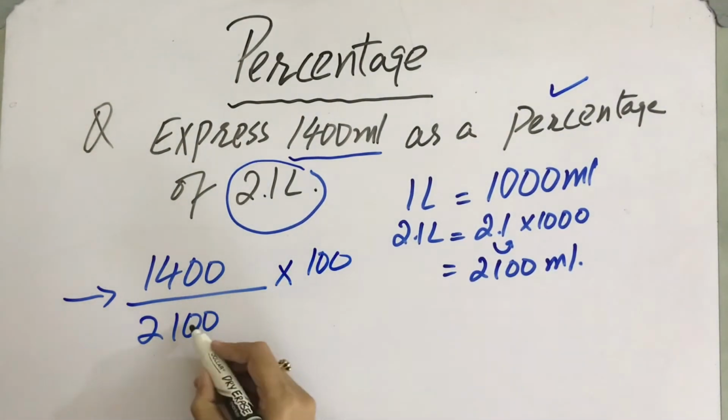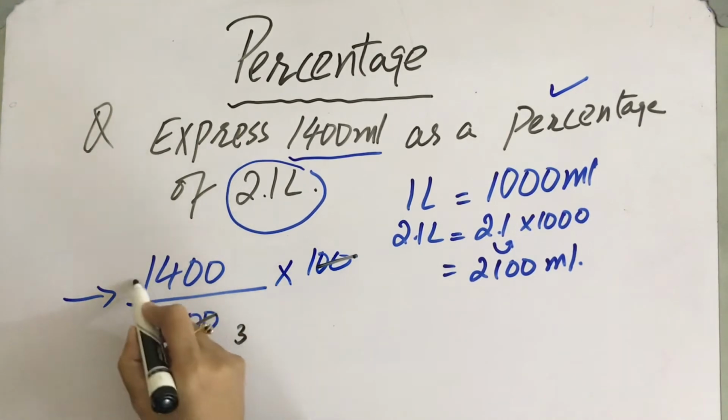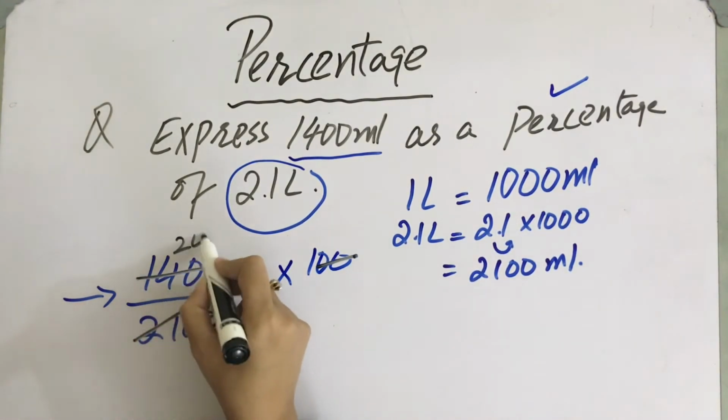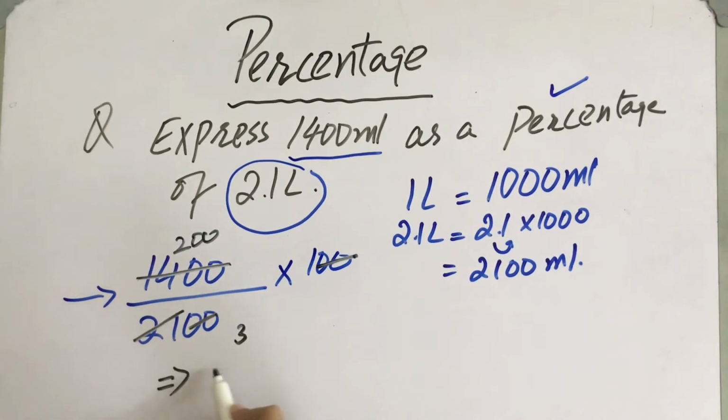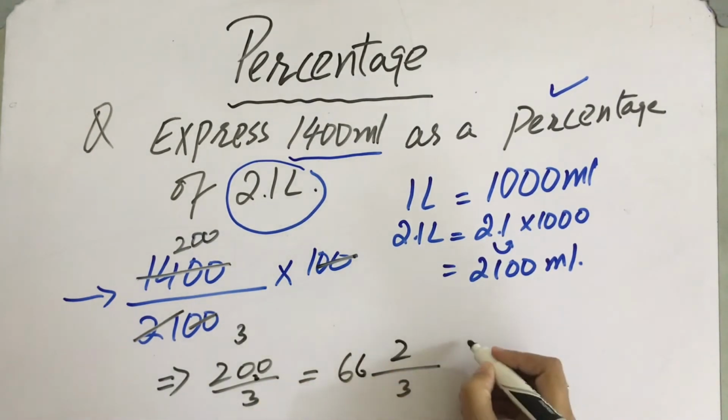I cancel these two zeros with zeros. 7 3 times 21, 7 2 times 14, 200 over 3 will give us 3 6 times 18, and 2, 66 and 2 by 3%.